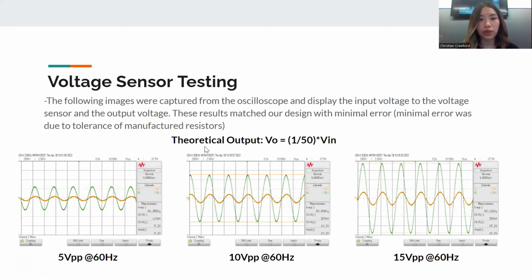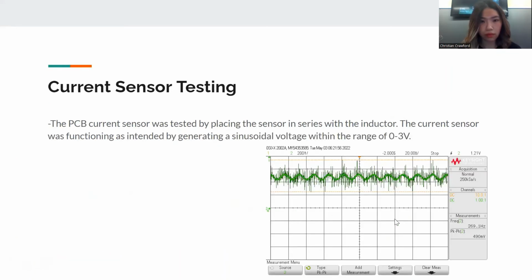The expression we use to calculate the output voltage is 1/50 times Vin. The first figure shows that the amplitude of the input voltage was 5.2. The next one is 10.2, and then the last one is 15.2.